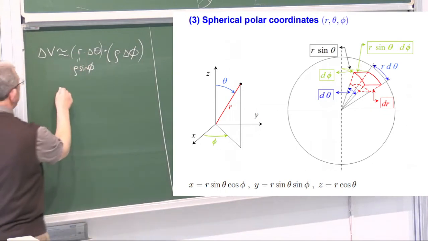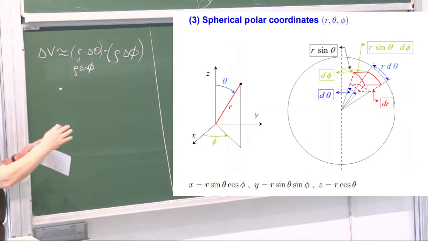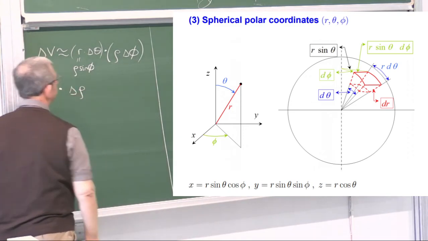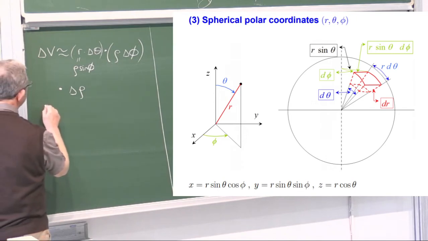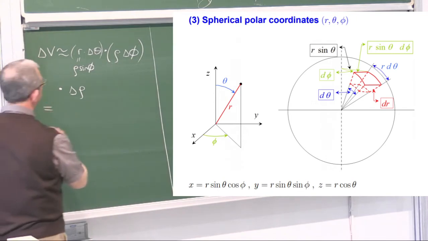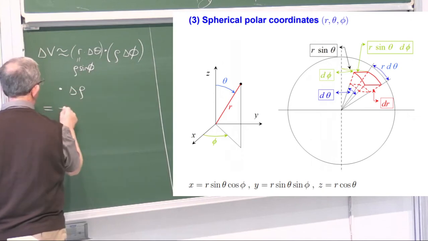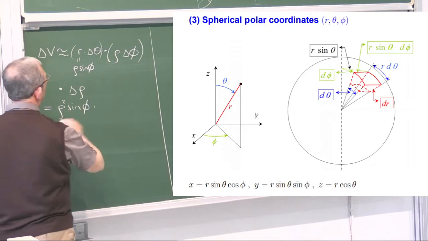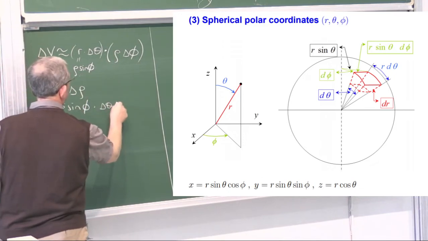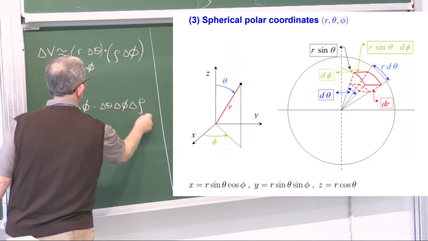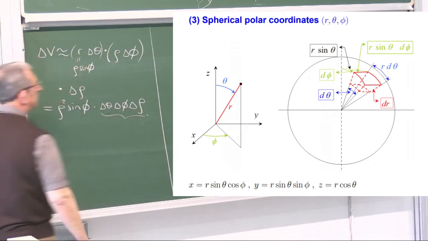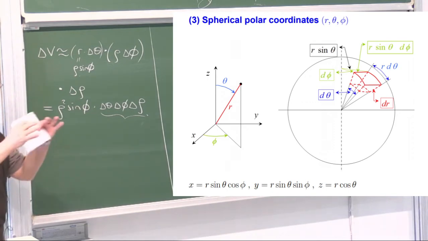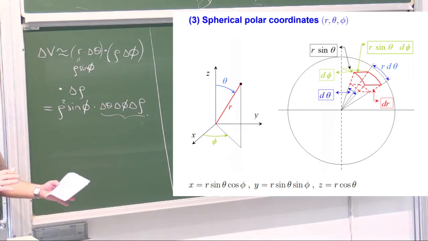And finally, the length coming from changing rho is just delta rho. So it becomes, as we see, rho squared sine phi times delta theta, delta phi, delta rho, as we wanted. This is the volume in the spherical system of a rectangular box.